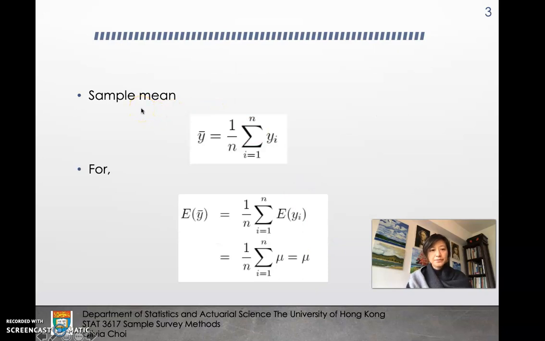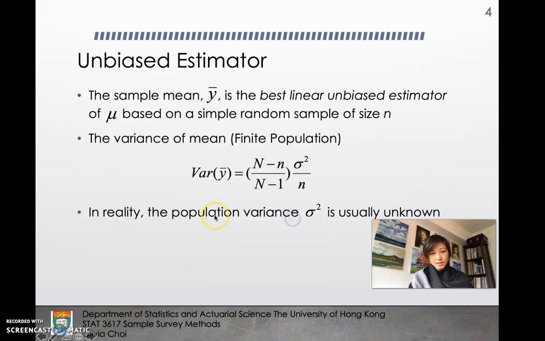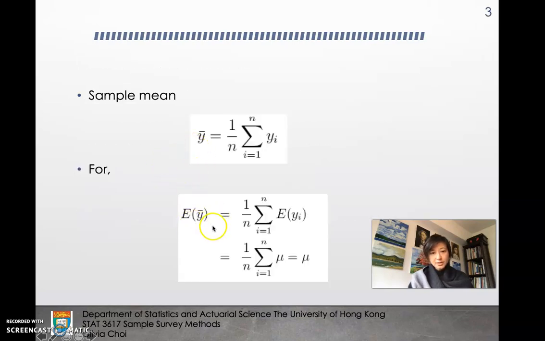From the sample, we calculate y bar by adding up all of the yi from the first up to n, divided by the sample size. So this equals y bar. For that, we prove that the expected y bar equals mu. The expected value of the left-hand side equals the expected value of 1 over n times the summation of the expected value of yi.